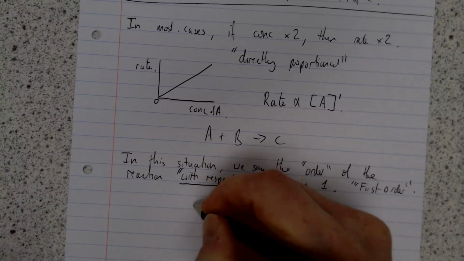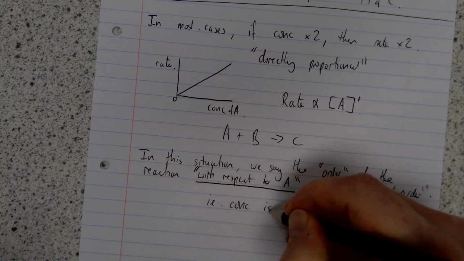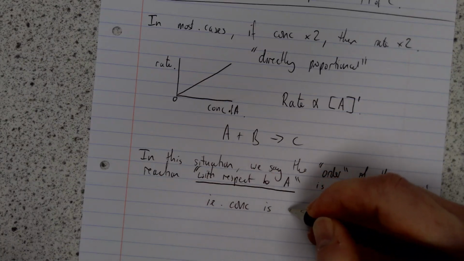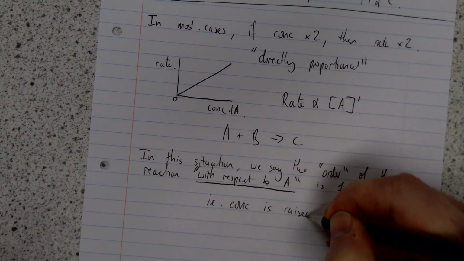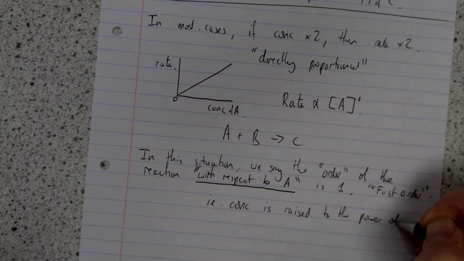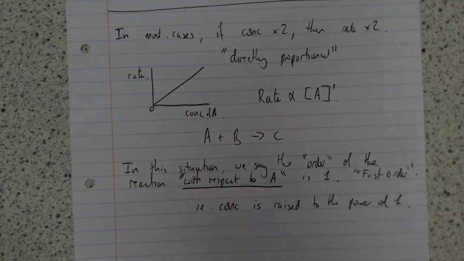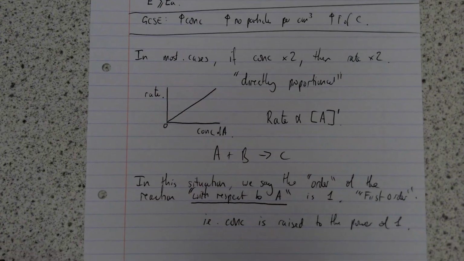And that is to say, the concentration in the rate equation is raised to the power of 1. Well, that's your standard reaction, the kind of thing you're talking about at GCSE and so on.